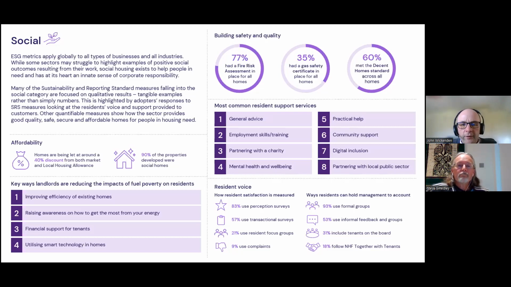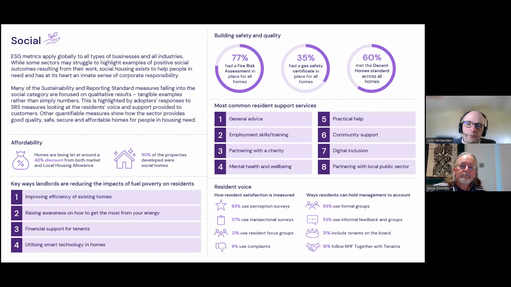Fire risk assessment, that's something where we've not really started to collect it, but we can see it coming in for English landlords as part of the consultation on consumer standards. So we imagine it will go in there and become a bit more normal, and we'll start to see that what gets measured gets done, and see that 77% start to creep up. Decent home standards.